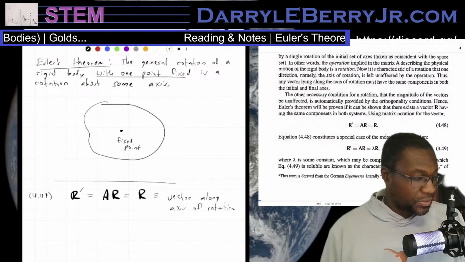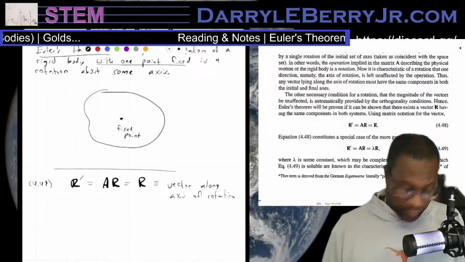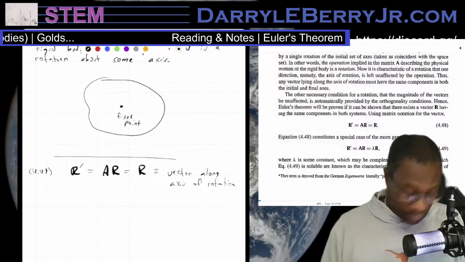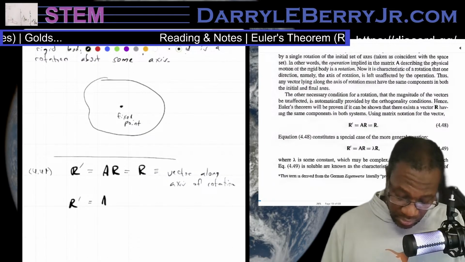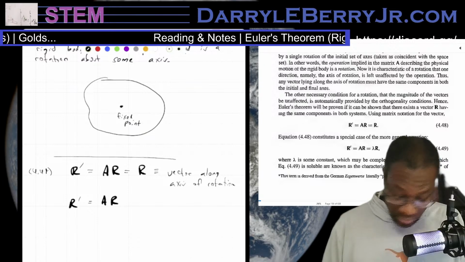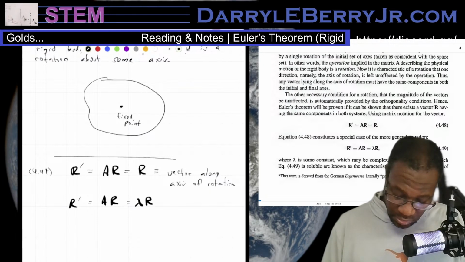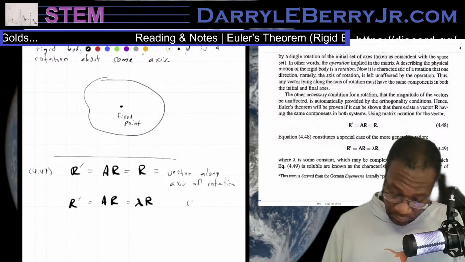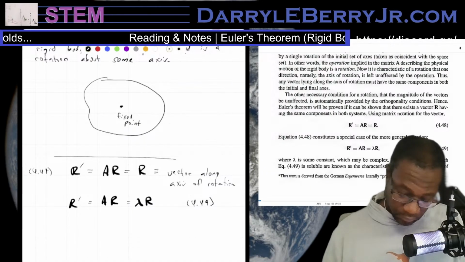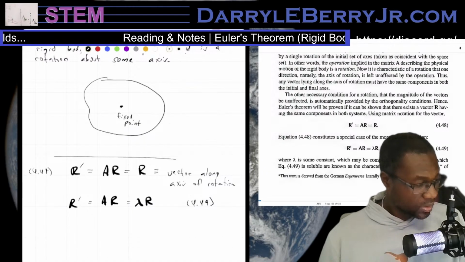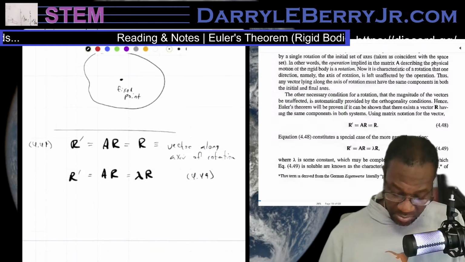Equation 4.48 constitutes a special case of the more general equation A R equals lambda R. Lambda is some constant which may be complex.